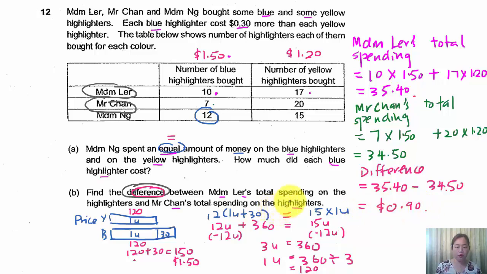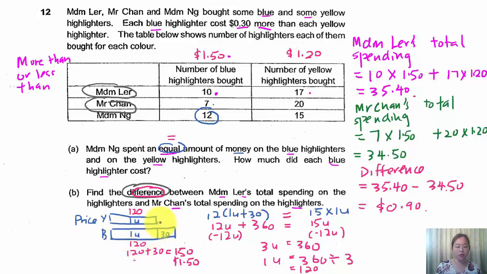So let's review what we have learned. We learned about more than or less than, where we can understand it better with a comparison model or model more than or less than.